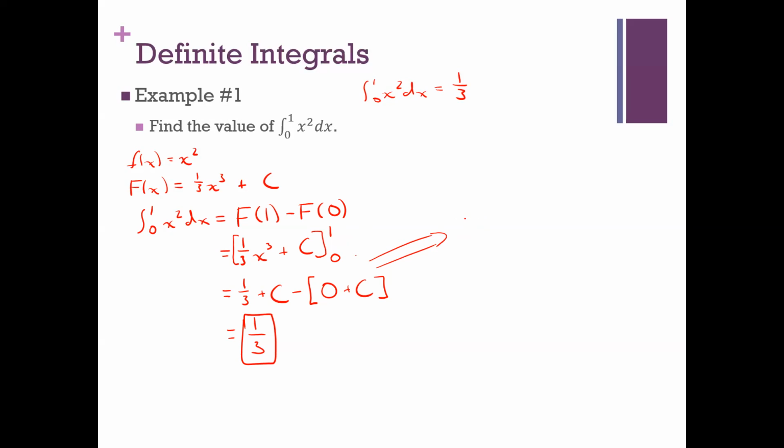So what really happens is this. I get 1/3 times 1 cubed plus c minus 1/3 times 0 cubed, plus c. So this right here is my capital F of b. And this right here is my capital F of a.